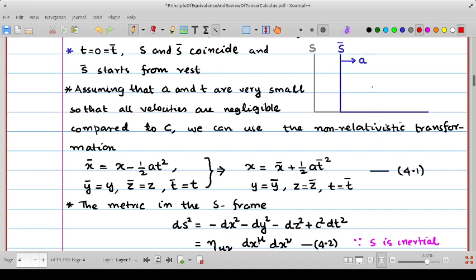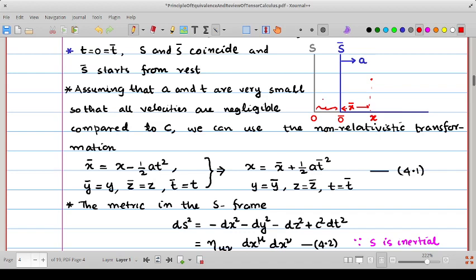That is because, considering a particular event over here with coordinate x in the frame S and x bar in the frame S bar, we see that this distance from the origin of S to the origin of S bar is simply the distance traveled by S bar in time t.